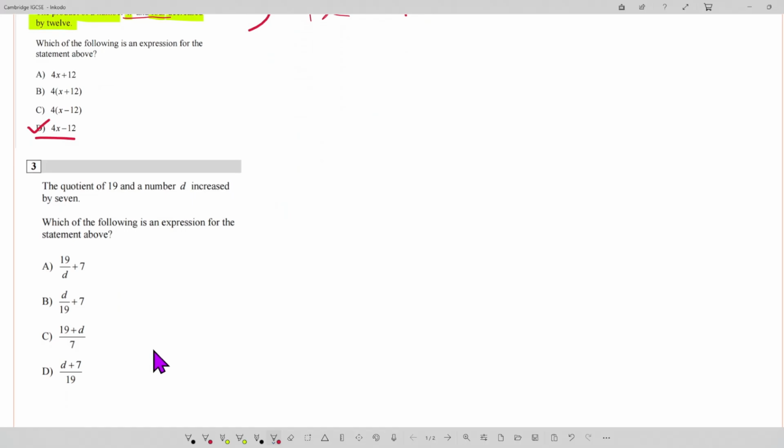Third question. The quotient of 19 and a number D increased by 7. Look. The quotient of 19 and a number D. So it's like 19 divided by D, increased by 7, plus 7.